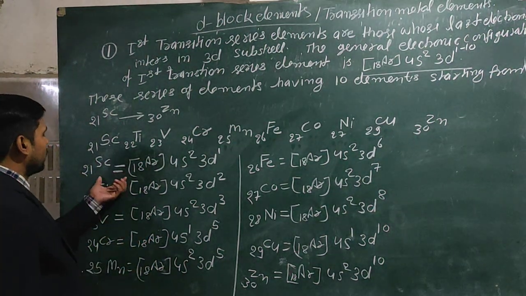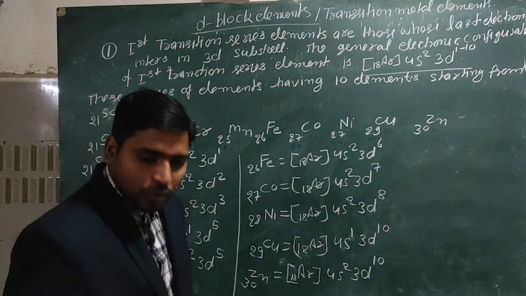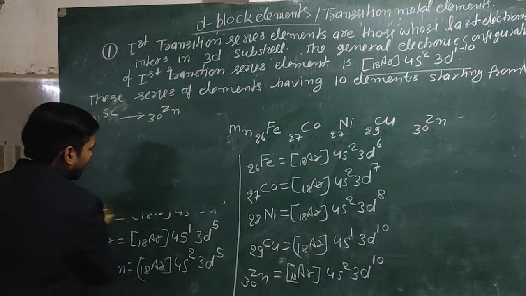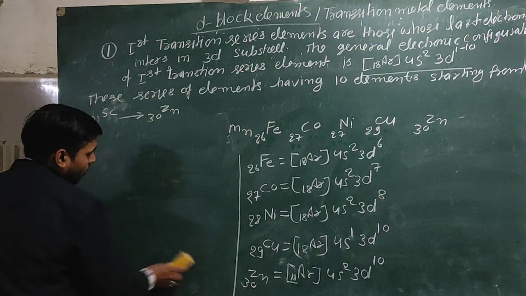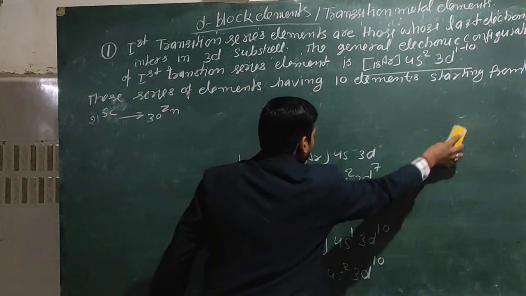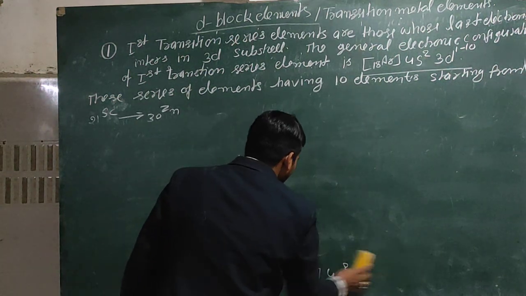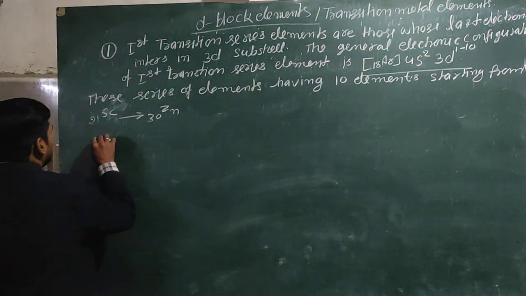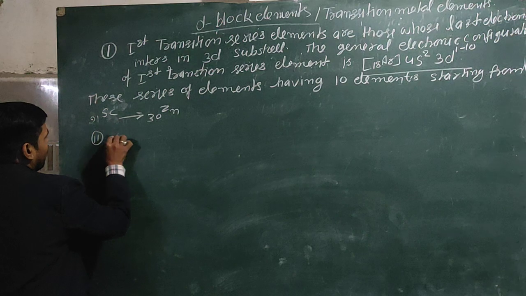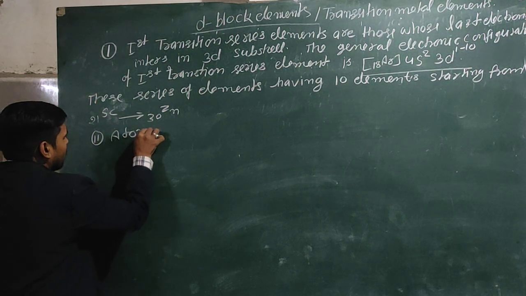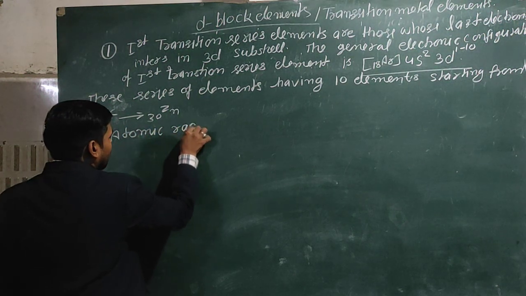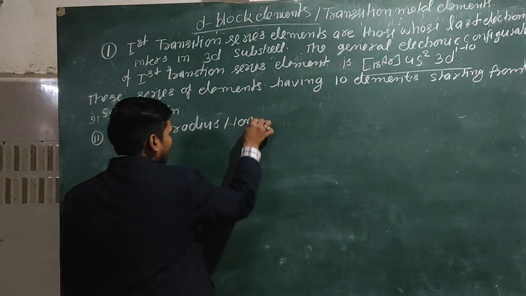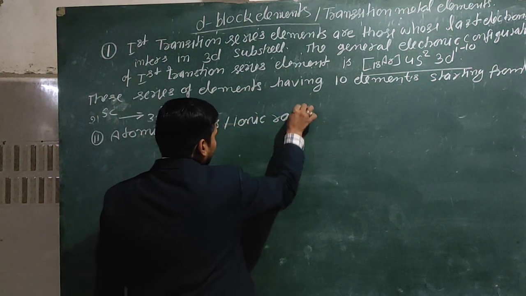And another property of first transition series elements is the atomic or ionic radius.